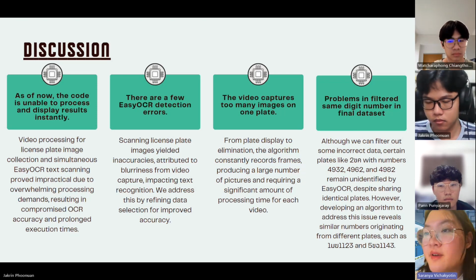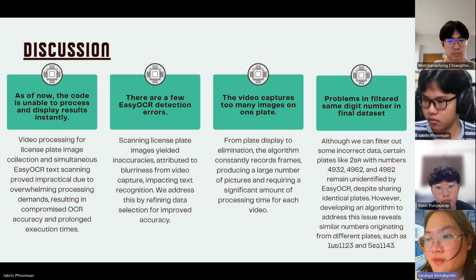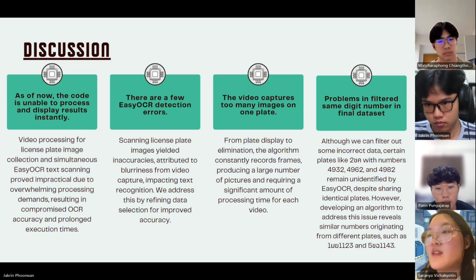And for the video captures, there are too many images of one plate. From plate display to illumination, the algorithm constantly records frames, producing a large number of pictures and requiring a significant amount of processing time for each video. And the last one is the problem in filtering the same digit numbers in the final dataset.